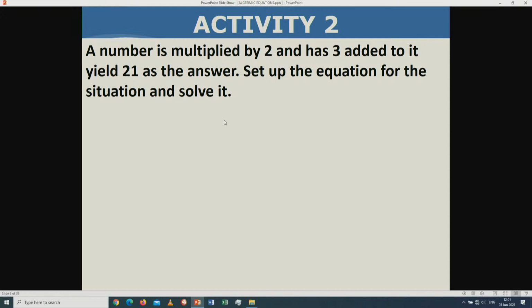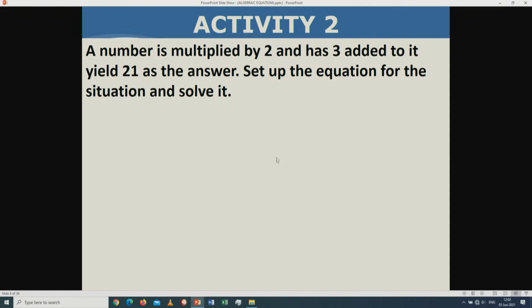Right, before we go to the solution, let's have a look at the question again. A number is multiplied by 2 and has 3 added to it. Yield 21 as the answer. So let's set up the equation for the situation and then solve it.